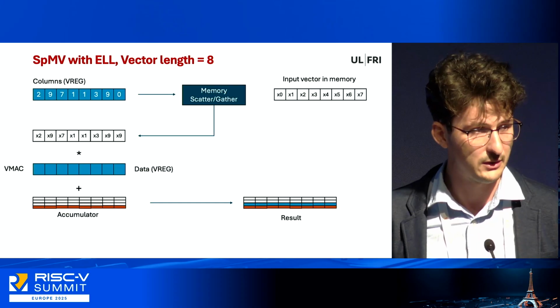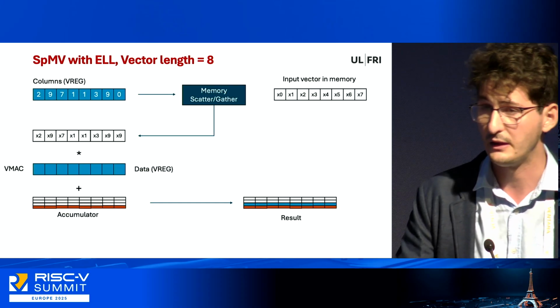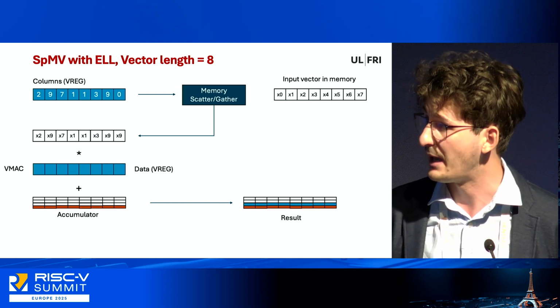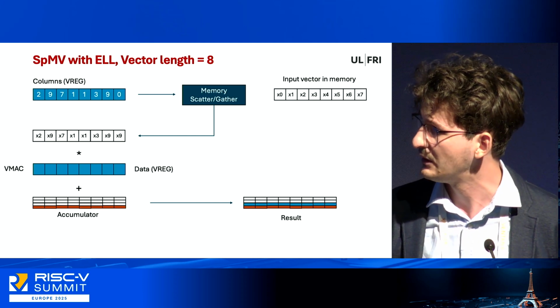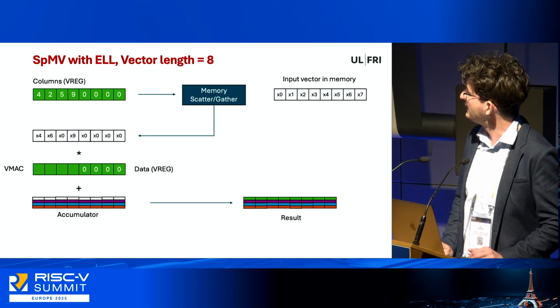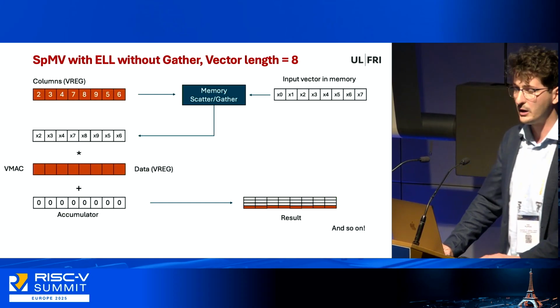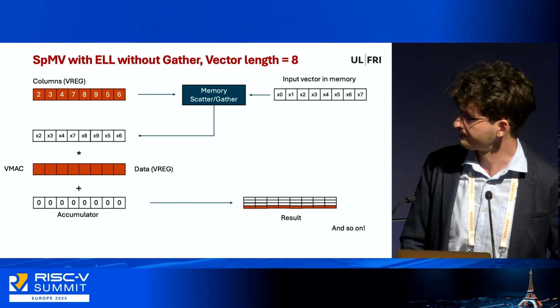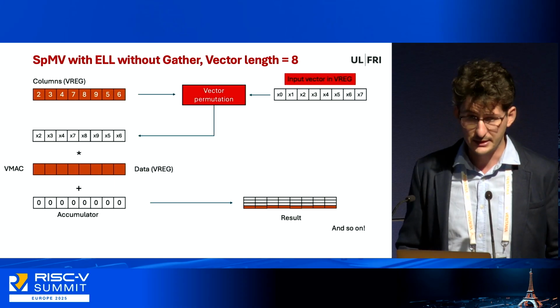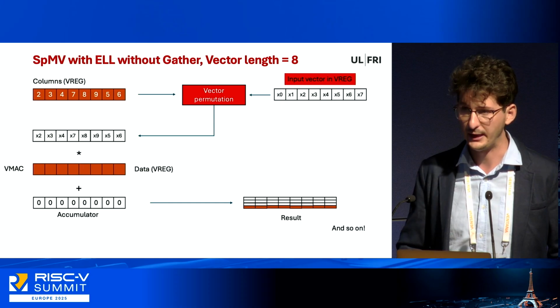So when calculating the SpMV, we don't use reductions. And in a similar manner as with CSR, we are also relying on vector permutation to see how they behave.